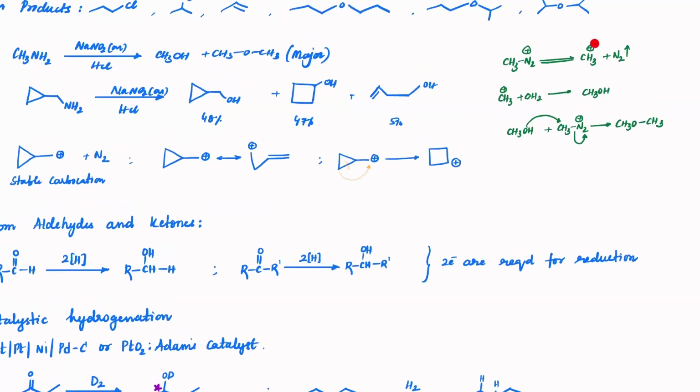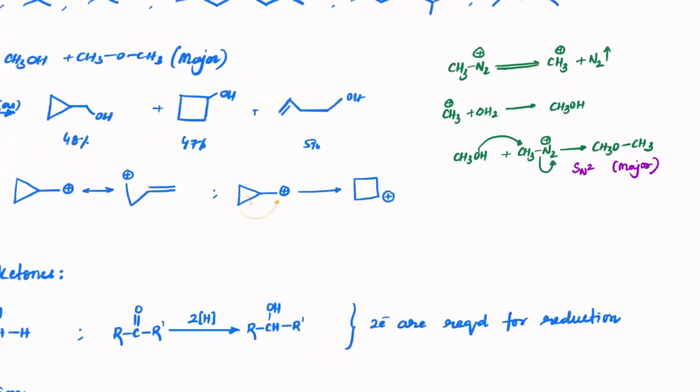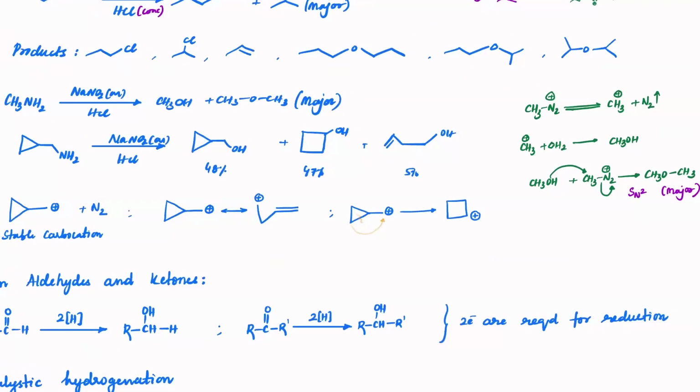Reason being, a lot of carbocation cannot be generated because this carbocation is not stable, and whatever small amount of alcohol is formed will keep attacking back on CH3N2, because here carbocation will not form easily. That's why an SN2 type of mechanism is favorable, and that makes ethers the major product. Okay.